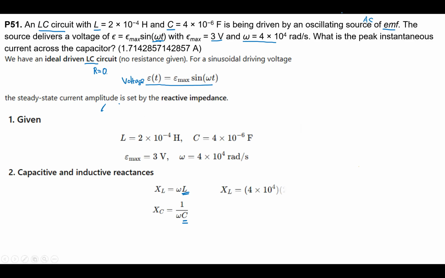What we have to do is just plug in the angular frequency, the inductance and the capacitance values. You get this value in ohms.